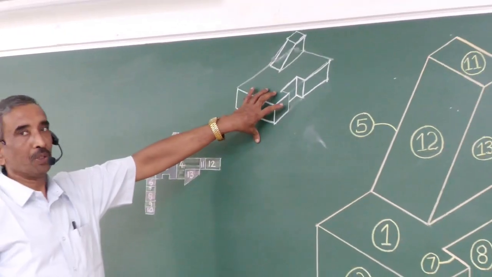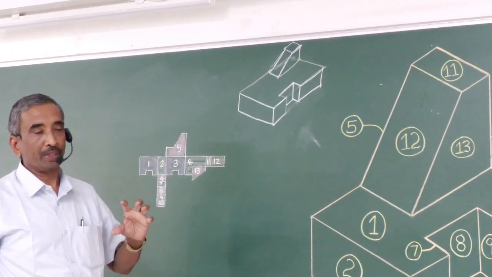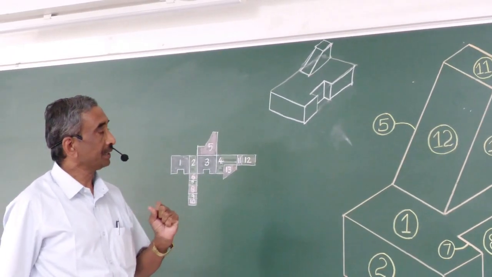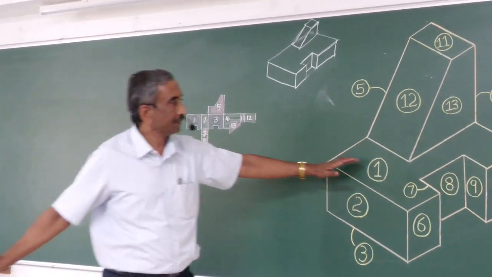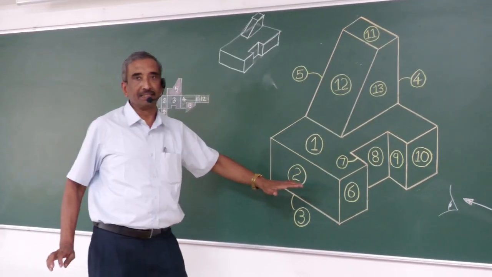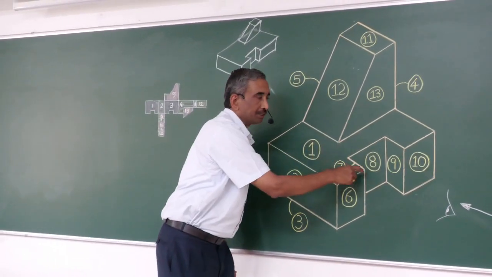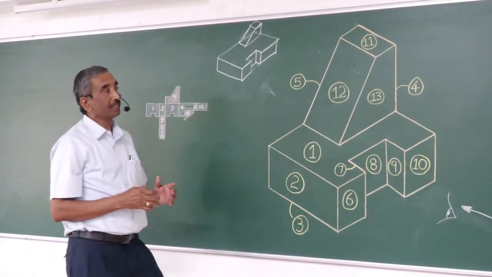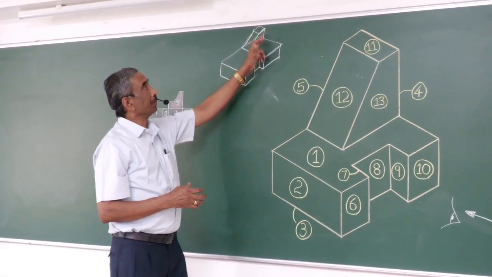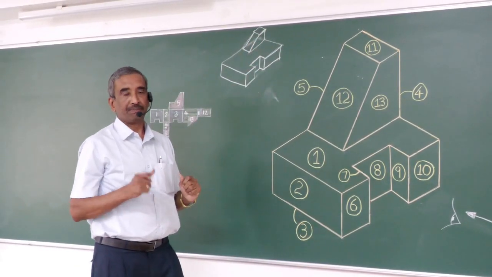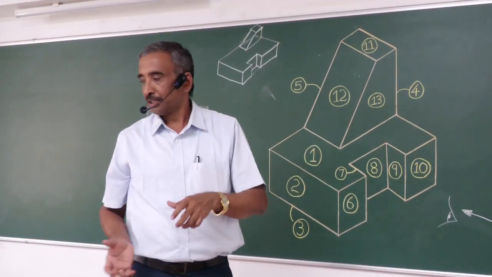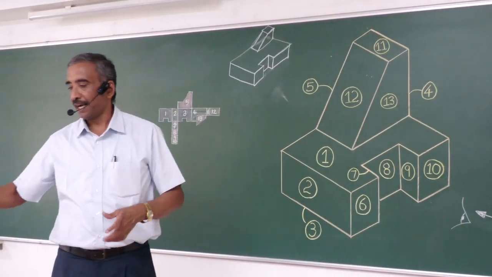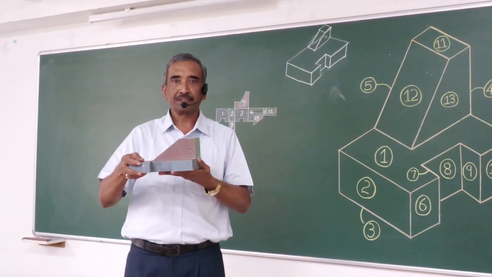So this is the model you are going to make. So you can visualize that it consists of two parts. One is the bottom rectangle with a slot, and other part is a trapezium part with some thickness. So these two parts are glued together and you will be getting a component like this.